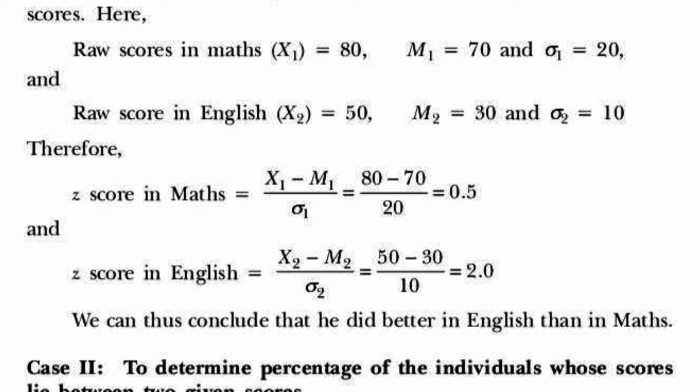So what we got here is that the sigma score in English is greater than the sigma score in maths. So we can tell that the student did better in English than maths. You need to interpret and conclude that he did better in English than in maths.